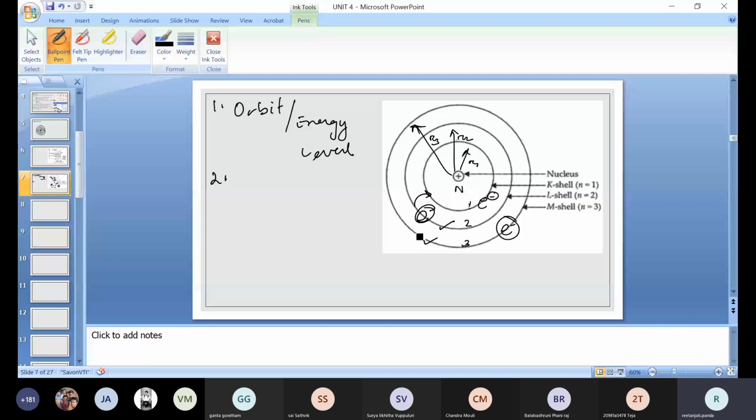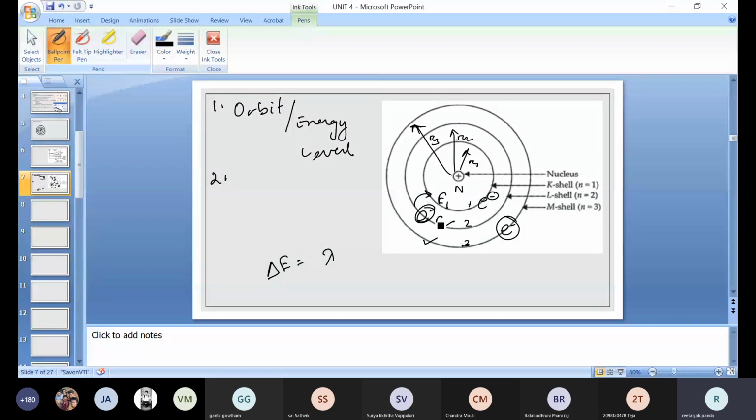The third postulate says, as I told you, when it is radiating energy, it has a particular wavelength lambda. Okay, lambda is the wavelength. So the difference of energy between these shells we can define as follows. Let us consider this one has energy E1 and this one has energy E2.